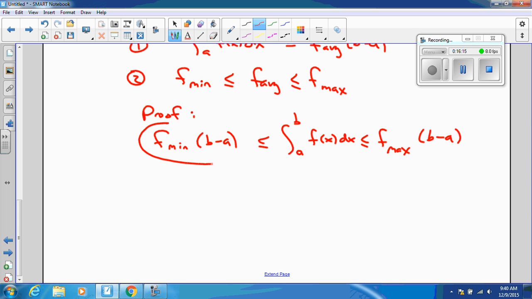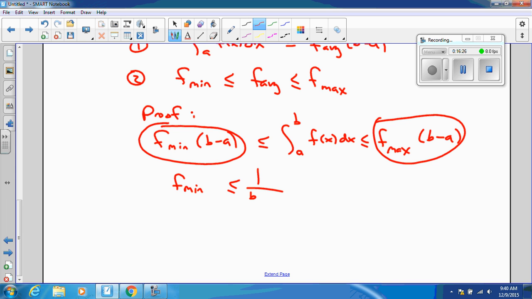This is our one rectangle lower sum, and this is our one rectangle upper sum right here. Well, if I divide through by b minus a, then I get this, and lo and behold, this is exactly f average.